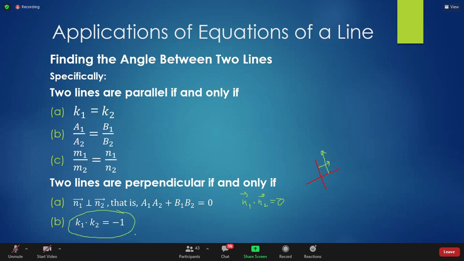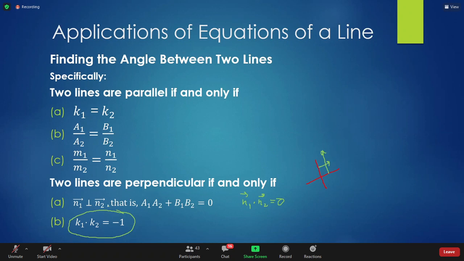Or if you have both slopes, you can check whether they are perpendicular. We will use this formula quite a lot in the future, in the calculus, in the 5th unit, where we will be looking at the normal line of a curve. But that's in the future. For now, this.